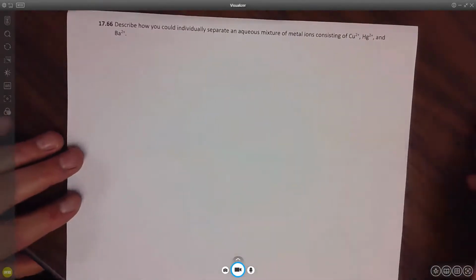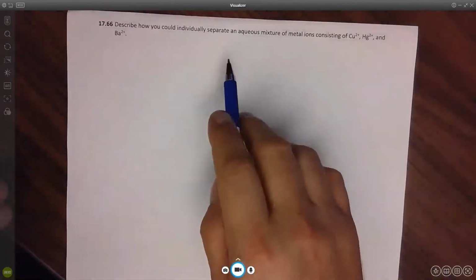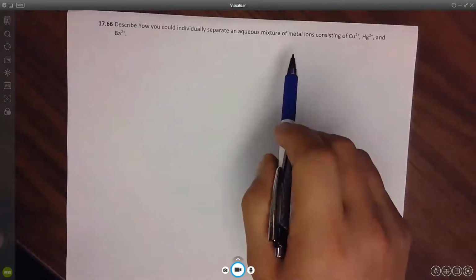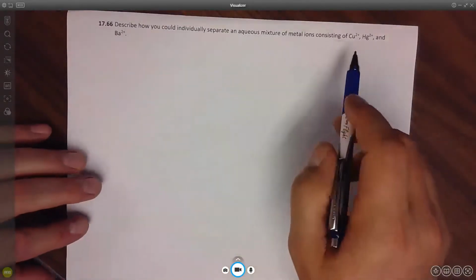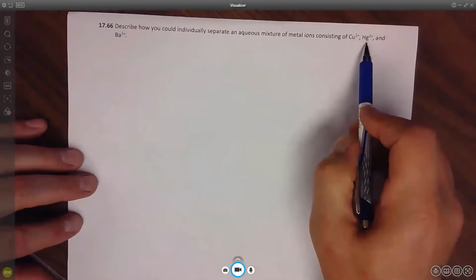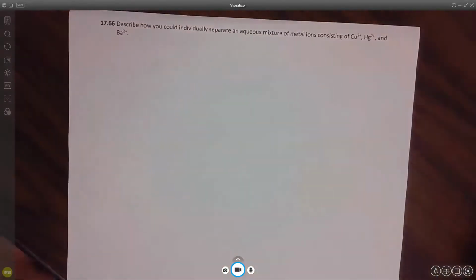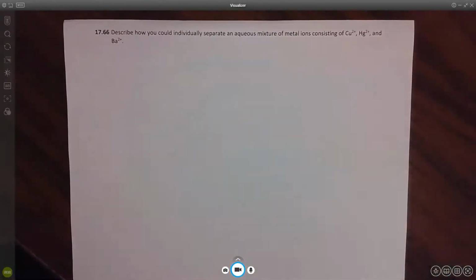It says, describe how you would individually separate an aqueous mixture of metal ions consisting of copper 2+, mercury 2+, and barium 2+. Now, I can tell you that there's more than one possible route to this, and I would accept any possible route as long as it's correct. How would you go about doing this?